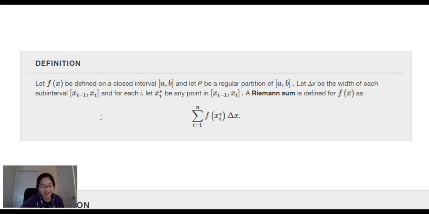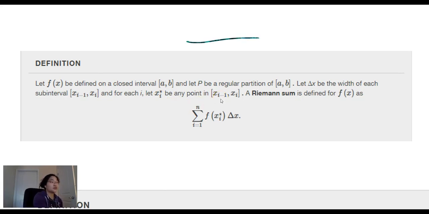Riemann sum is named for Georg Riemann. A Riemann sum is when we're looking at our function defined on a closed interval, and we have a partition. Delta x is the width of each of our subintervals, and for each subinterval, x sub i star is any point in the interval.